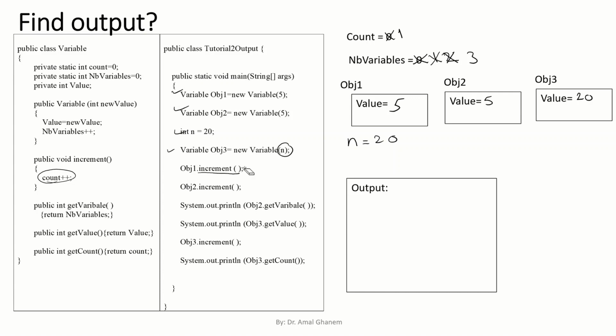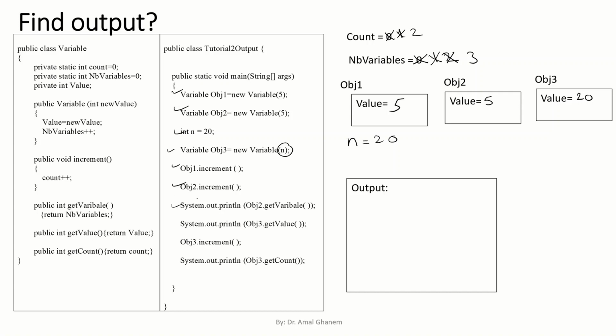Similarly, I will do the same thing and say object2.increment. Again, I call the method increment count, so this is 2. Remember, it doesn't matter if I call increment by object 1 or 2, because at the end count is static, so the increment will be done for all of the objects.